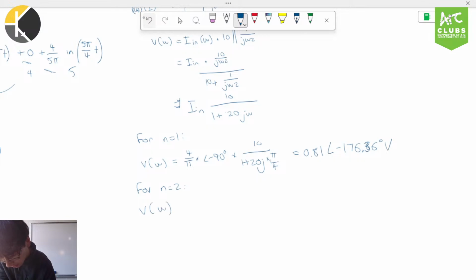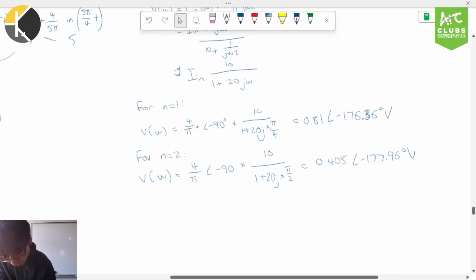So in this case, we would have 4 on pi, -90. Same thing, but in this case omega is going to be pi on 2. We're going to have 0.405 with an angle of -176.96.